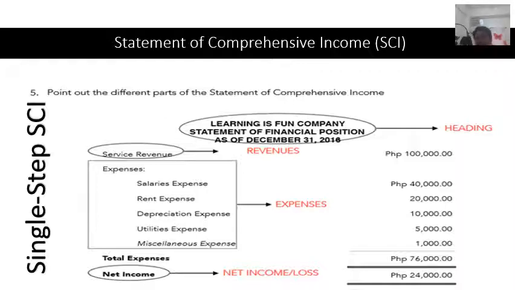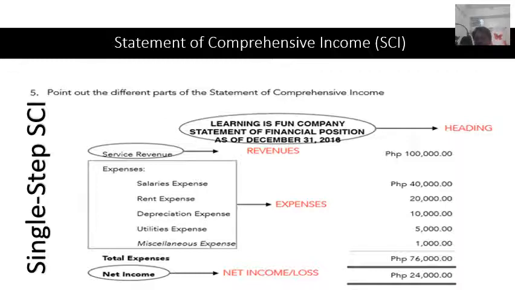Sorry. The teaching guide where we got the sample from made a slight mistake. It should not be statement of financial position. It should be statement of comprehensive income. So, take note of that.